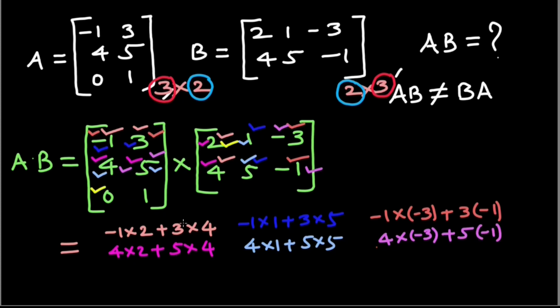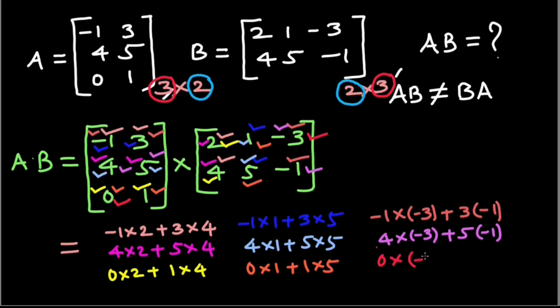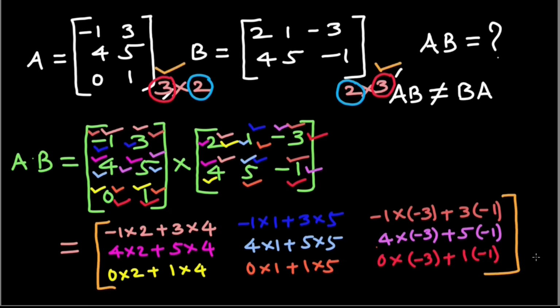0 multiplied by 2 plus 1 multiplied by 4. That forms the seventh element of the resulting matrix. 0 multiplied by 1 plus 1 multiplied by 5. That forms the eighth element of the resulting matrix. And finally 0 multiplied by -3 plus 1 multiplied by -1 forms the ninth element of the resulting matrix. So the resulting matrix is a 3 by 3 matrix.